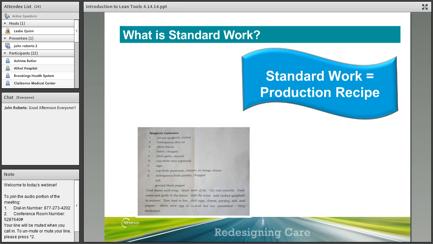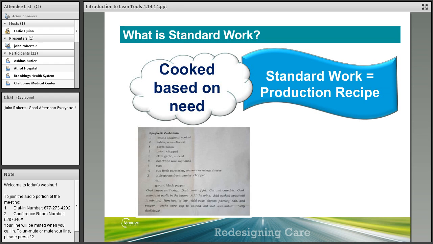standard work. The best reference or word picture I can give you is to think of standard work as a production recipe. What we do is we cook things based on need. So we have a set of inputs, a set of things we need to put in the particular thing we're cooking.